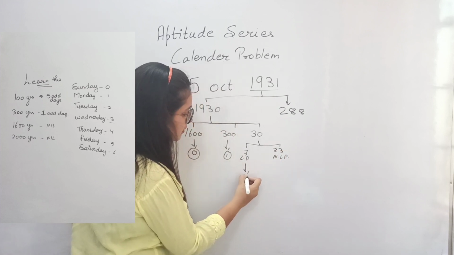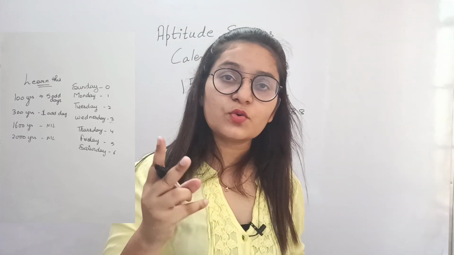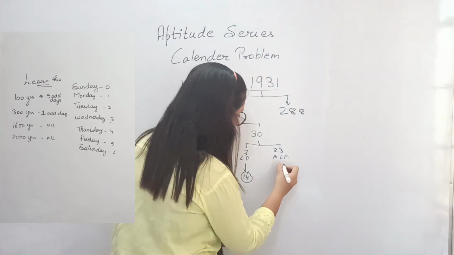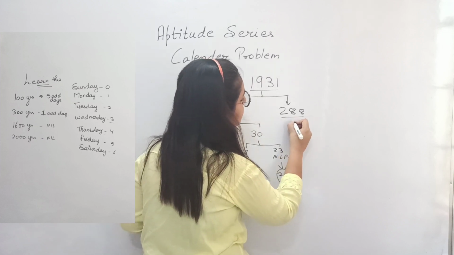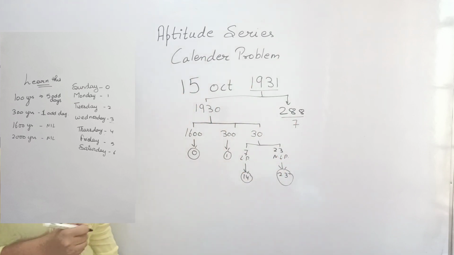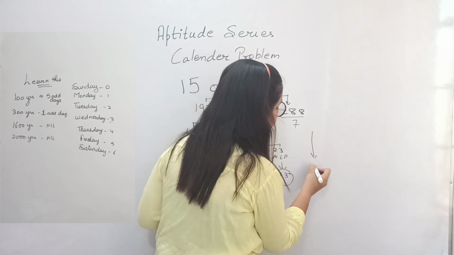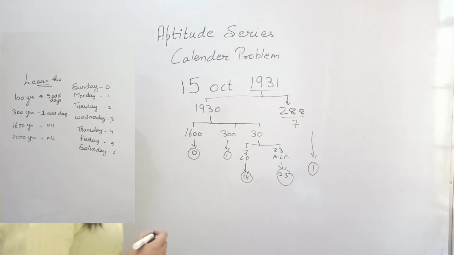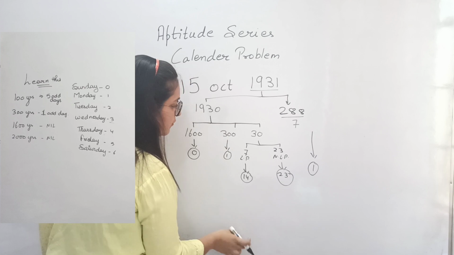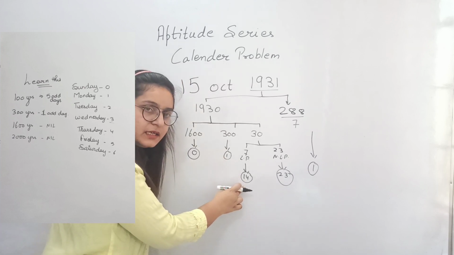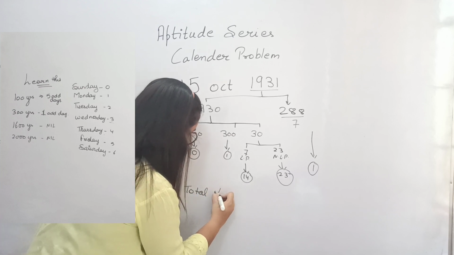So from 7, 14 odd days, because in a leap year each year has 2 odd days. Then 23, and when I divide this 288 by 7 to convert into weeks, I get 1 as remainder, that is 1 odd day. So these 23 and 1, 24, 25 and 14 is the total number of odd days.